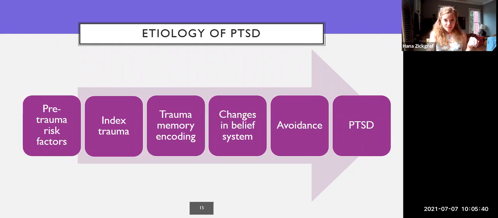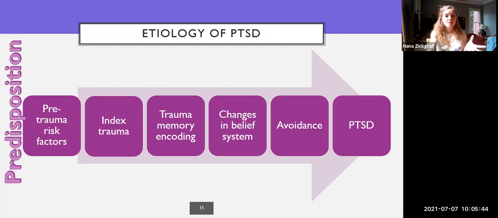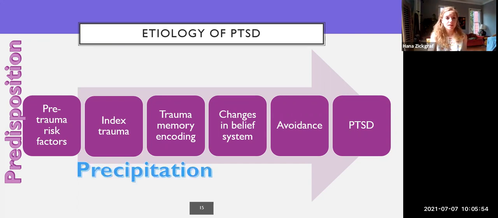Okay, so here's our etiological model of PTSD. Some people are more predisposed to developing PTSD than others, and we'll talk about some pre-trauma risk factors that make someone more likely to experience these other symptoms of PTSD. PTSD is precipitated by experiencing a trauma, and because of the body's natural, normal, sympathetic, and parasympathetic response to the trauma, experiencing deficits in encoding that trauma memory.